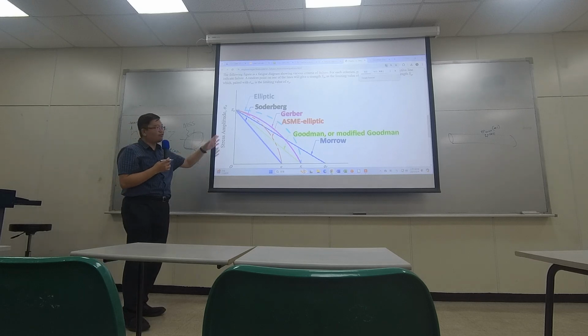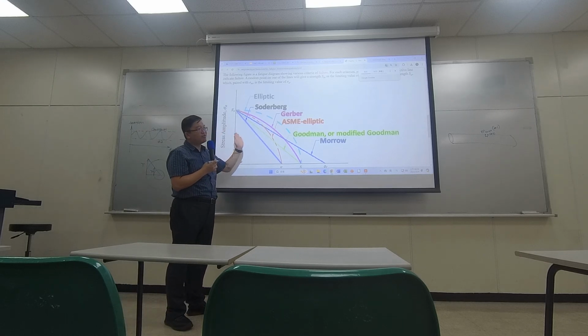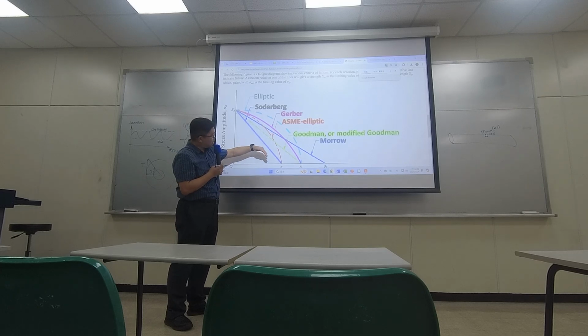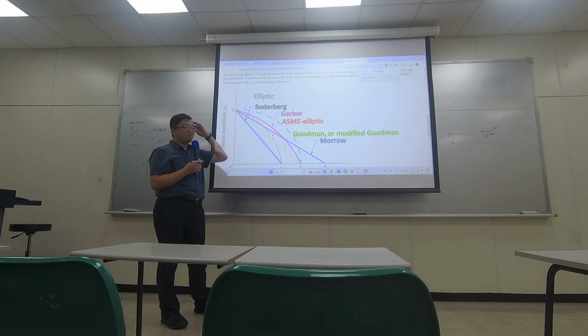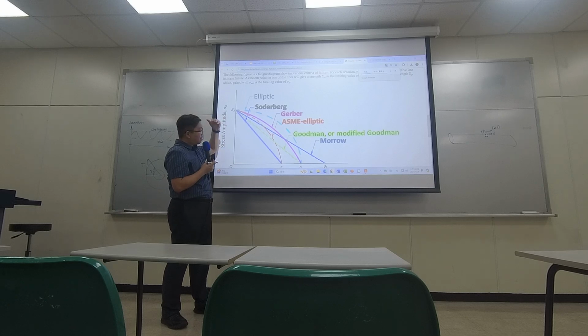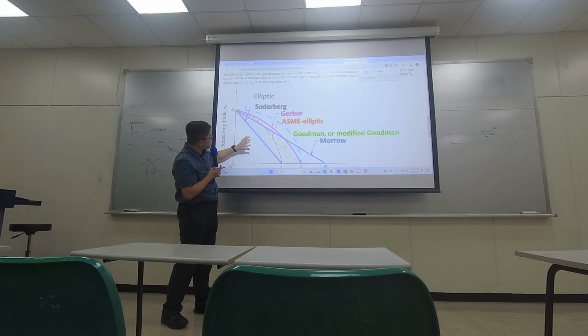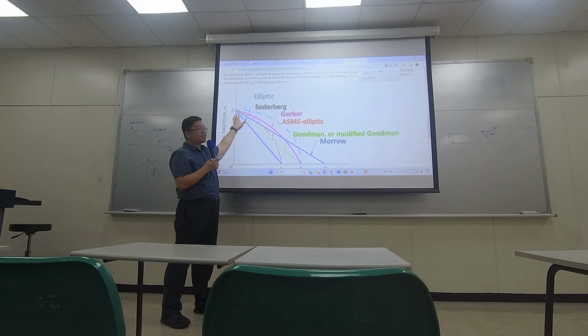I think fatigue is a similar situation. When the first researchers developed design equations for fatigue, they started with linear models. It's simple; you don't need complex equations. And I believe some researchers did experiments and realized that in the middle, the estimation of this safe limit is not quite accurate.